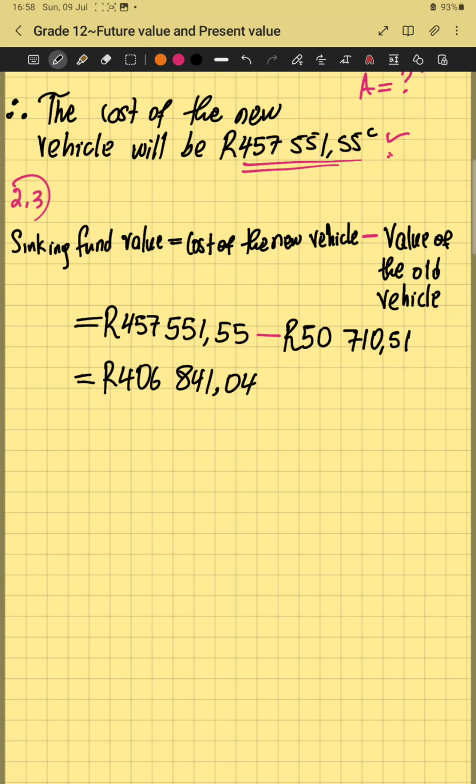That is, each and every month they need to invest some amount of money in order for them to have this amount here. So they need, on top of that 50,000, therefore they need to invest from that 50,000, which means that they need this amount.